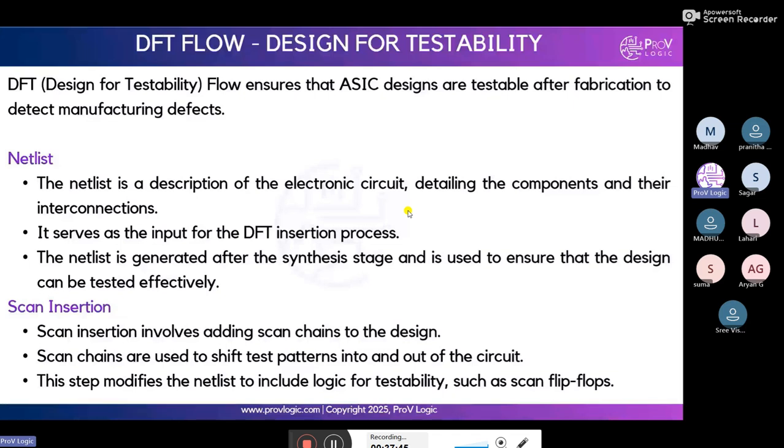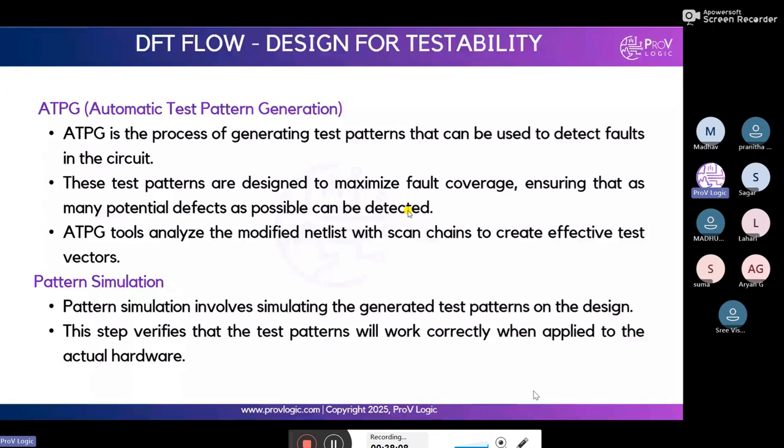Scan chains are used to shift test patterns into and out of the circuit, inside the circuit and outside the circuit. It checks the test patterns, and this modifies the netlist to include logic for testability such as scan flip-flops. So scan flip-flops are also one of the circuits. By using those, we will take every logic data of all those gates.